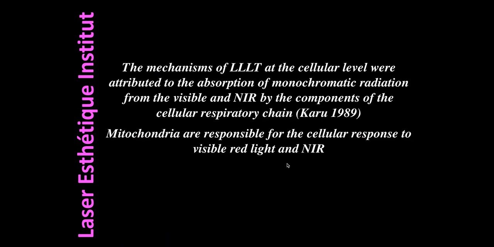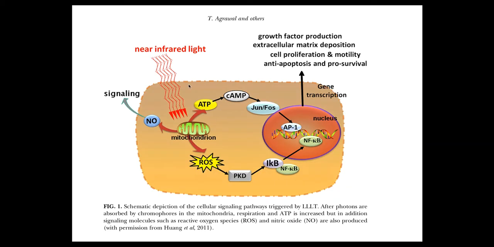The light is working like this, but lasers too. The irradiation will touch the photoreceptors on the membrane, inside the tissue, inside the cell, and it will be responsible for cellular response to the light. Here, just a summary of what can happen.